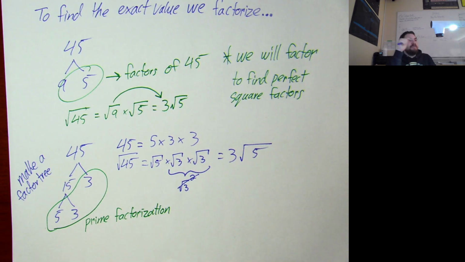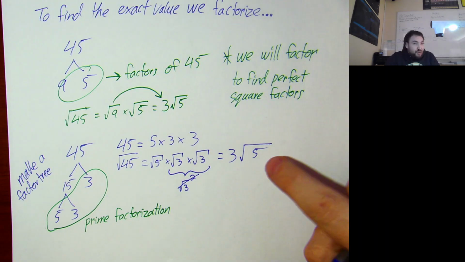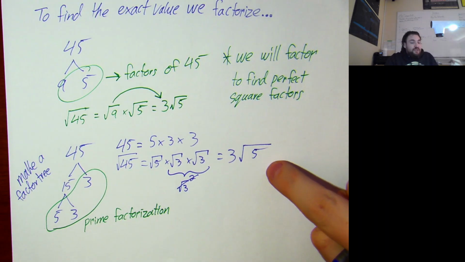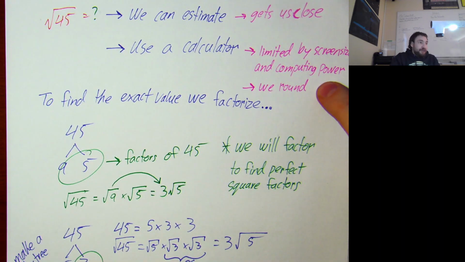But this value is exact, as we've written it, 3 root 5. And there are times where you will have to do mathematics with results like this. If we were to do more calculations with a calculator value, because the calculator rounds, because we're limited in the decimals that we can go to, our new calculation is going to be off because we're using a value that's not exact.